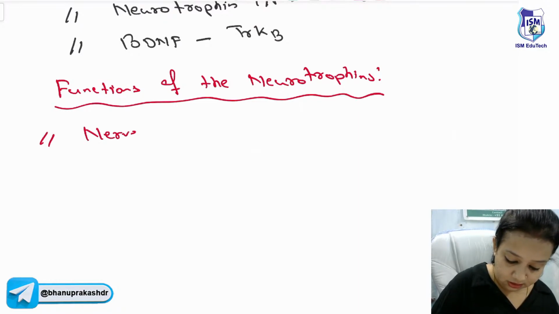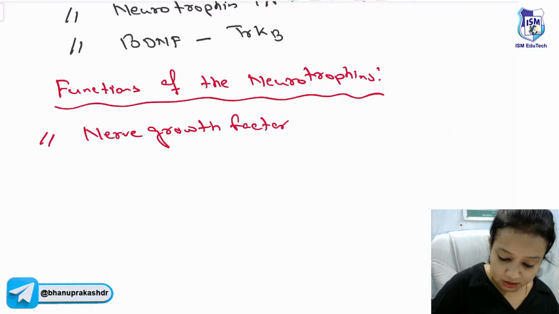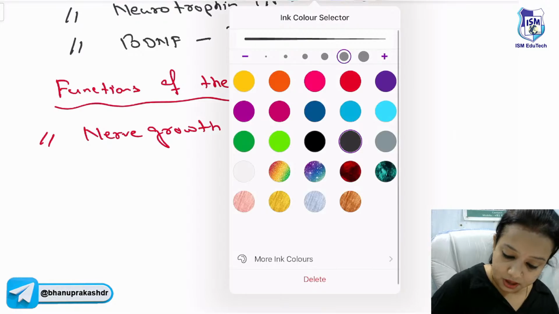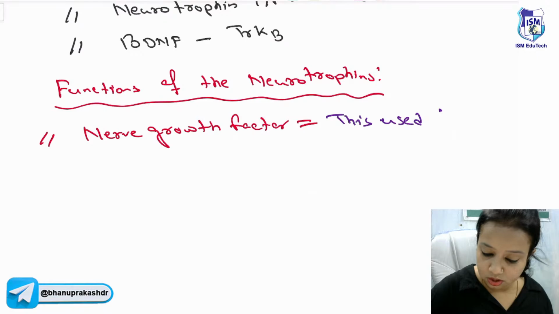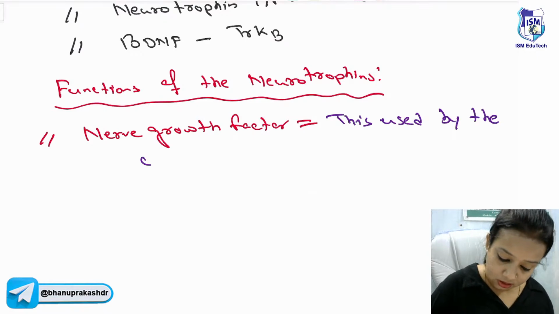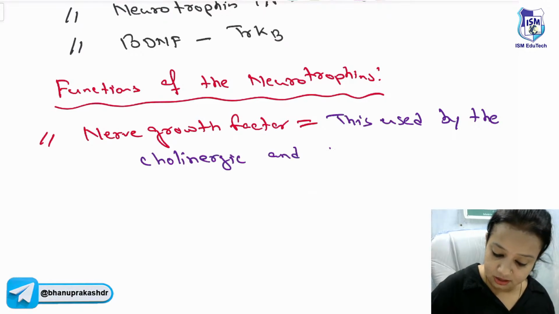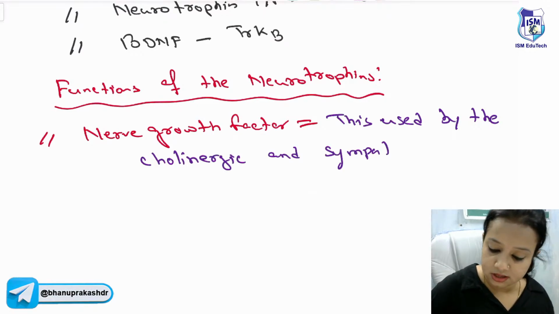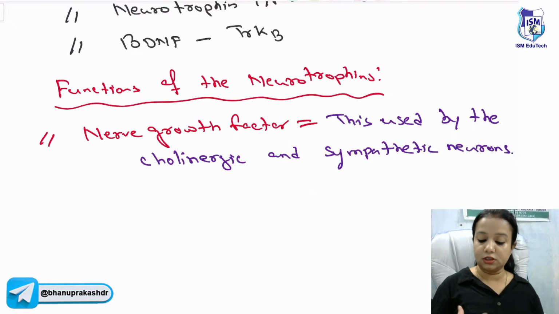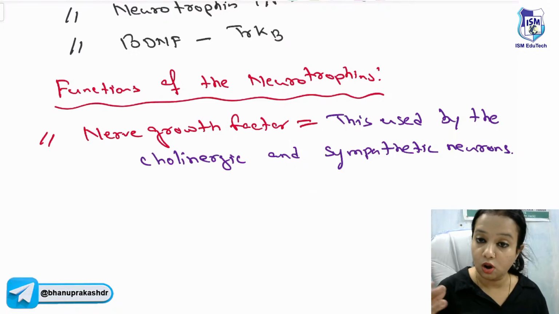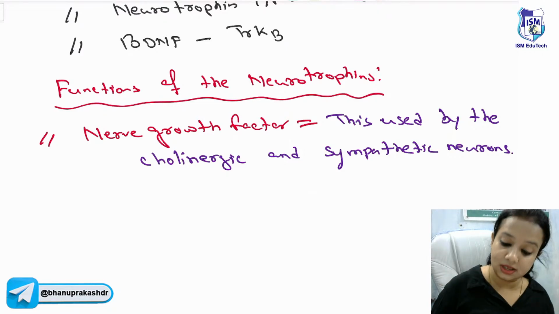First is the nerve growth factor. This is used by the cholinergic and sympathetic neurons, for the growth and survival of the neuron which is sympathetic in nature and cholinergic in nature.